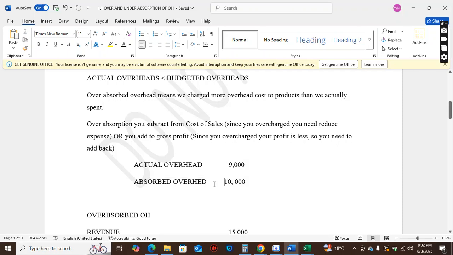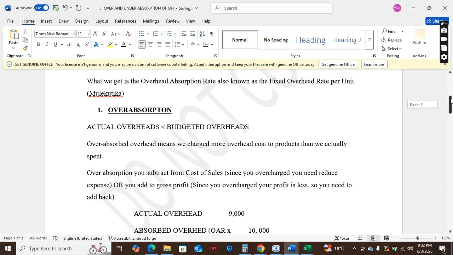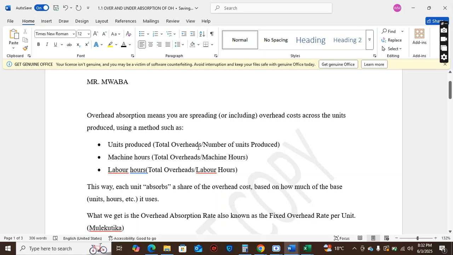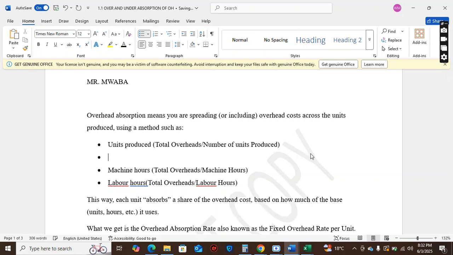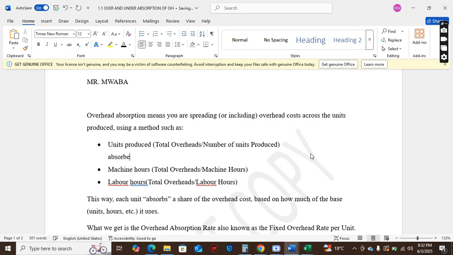All right. So how you get your absorbed overhead, which I also forgot to mention, it's just your overhead absorption rate multiplied by the absorption base. So if you absorb with number of units produced, your absorbed overhead will be your overhead absorption rate, which is also called your fixed overhead cost per unit.